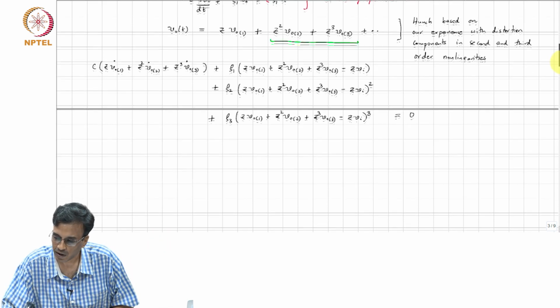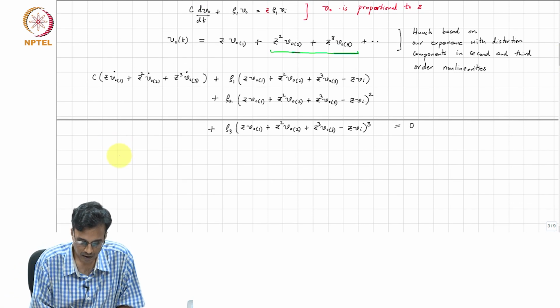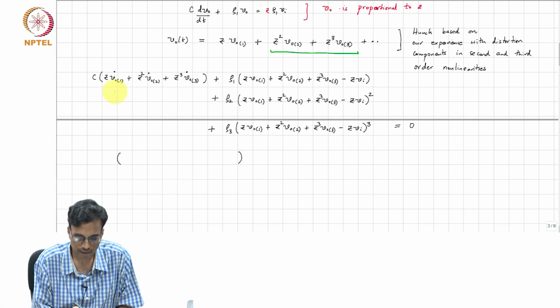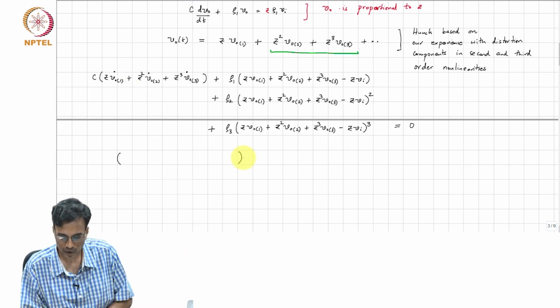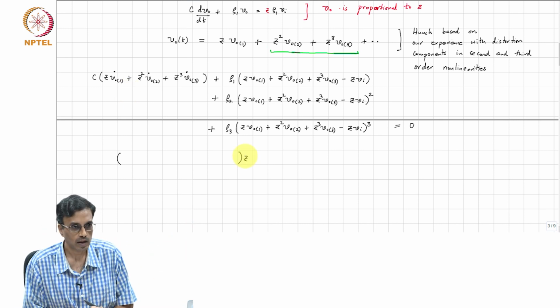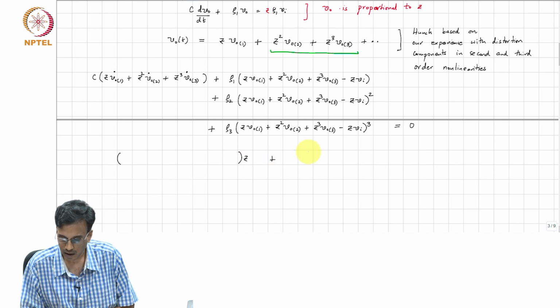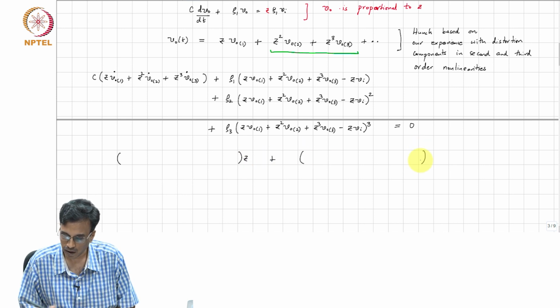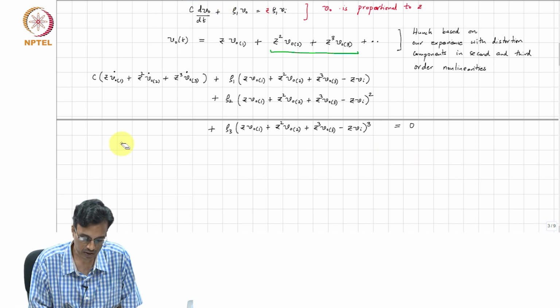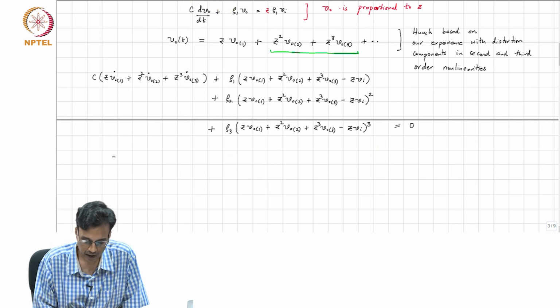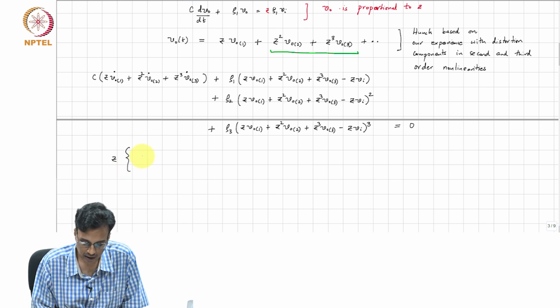So that basically means that if I can group all the terms with Z, and then group all the terms with Z square, let me do that. If I group all the terms with Z, what do I get? I get C times V01 dot.